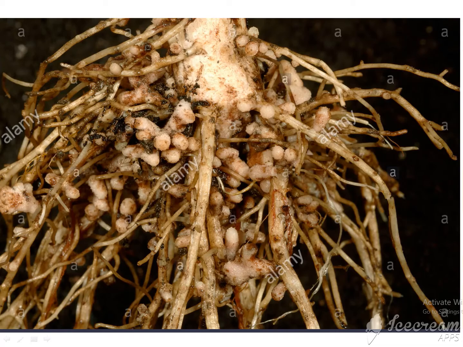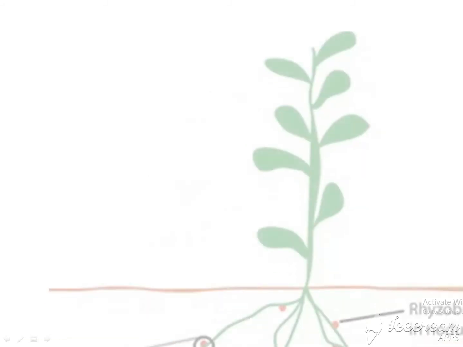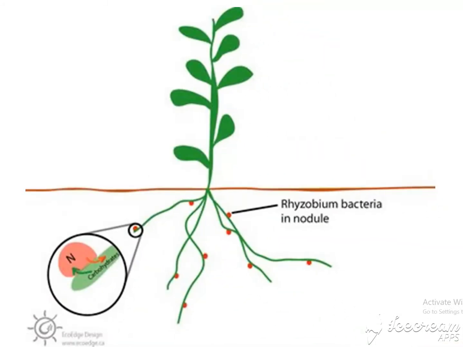What is the speciality of these leguminous plants in crop protection? These plants have root nodules in their roots, and the root nodules contain the bacteria called rhizobium.